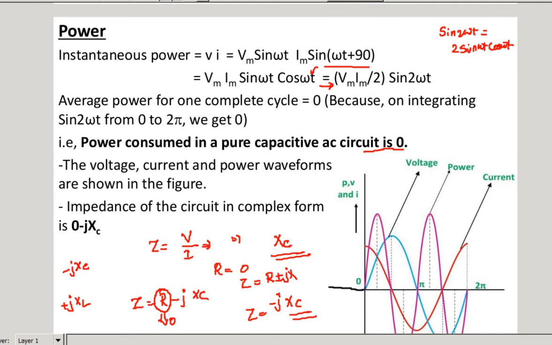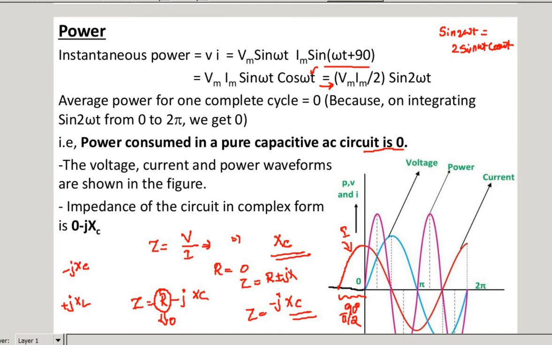So how can you find that? Here the current waveform is here. If you extend that like this, it is actually the current waveform I. So this phase angle will be 90 degrees or pi by 2.